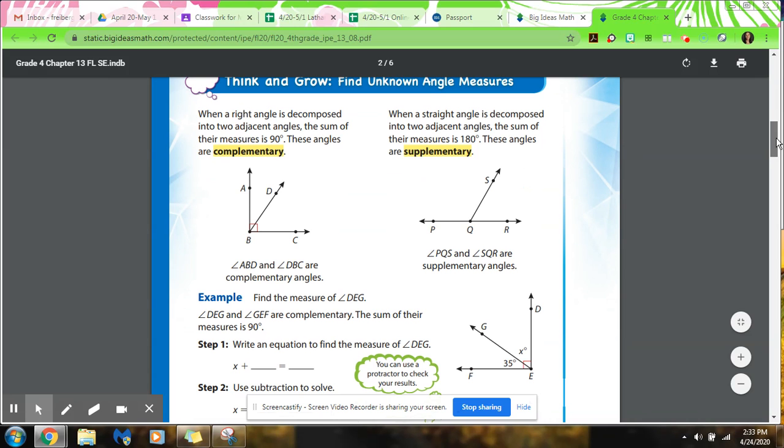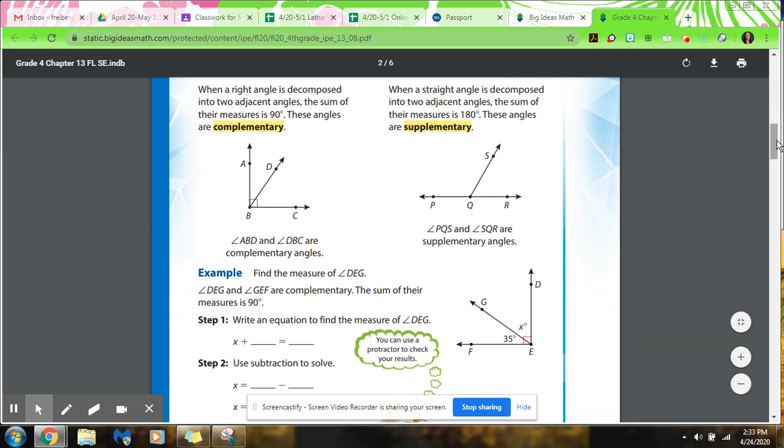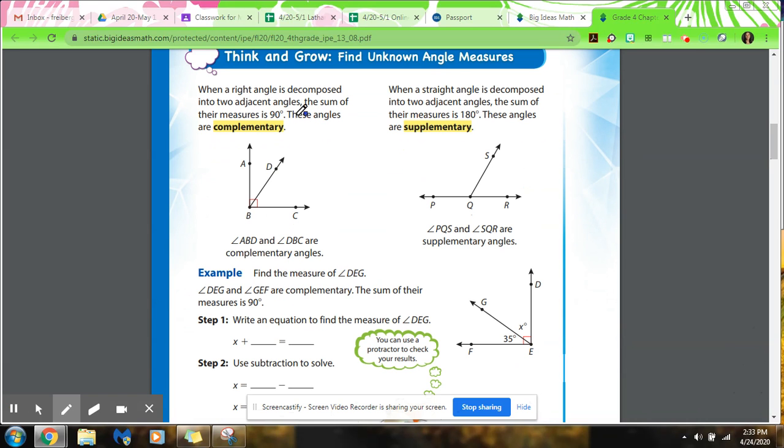It says to find the unknown angle measure. When a right angle is decomposed into two adjacent angles, the sum of them is 90 degrees. Just like our last screen, right angles give us a perfect 90 degrees. That vocabulary word is called complementary angles.